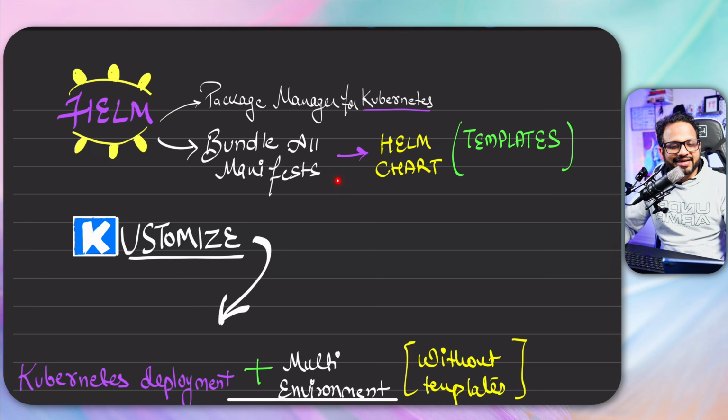But then managing different environments was difficult with Helm, right? So you can install same Helm chart in different environments, but then you have to customize the chart based on each environment specification. Like, what if we need different labels for each environment? What if we need different annotations, different secrets, config maps?